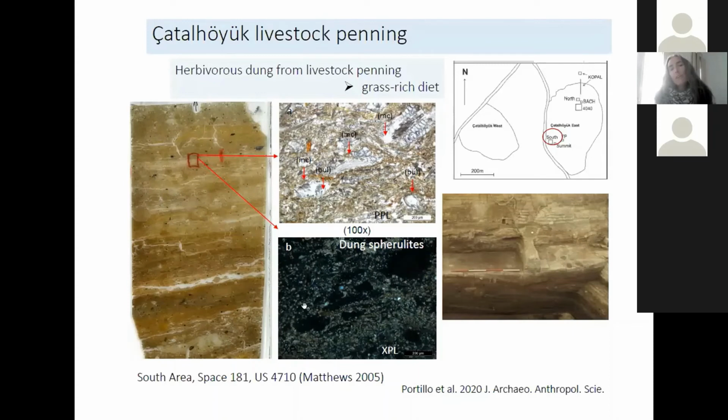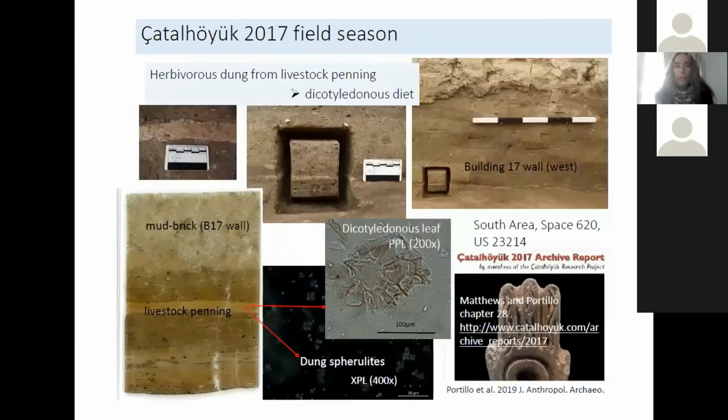And all these bright particles are dung spherulites. So what we have here is an animal pen, of herbivorous or ruminant animals. What we found in the last field season of the Stanford project, very close in the South Area of the site, very close to the deep sounding, was another pen area.